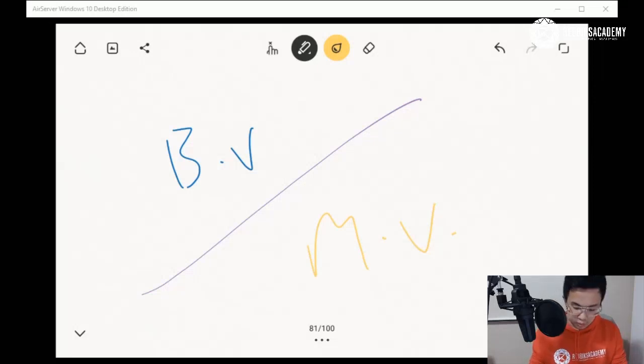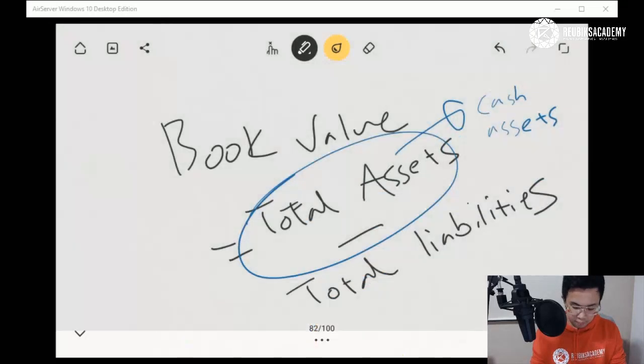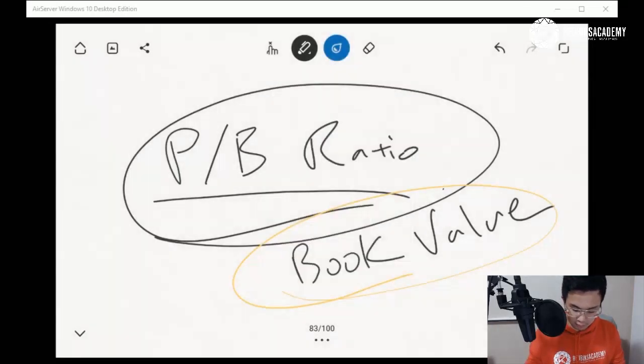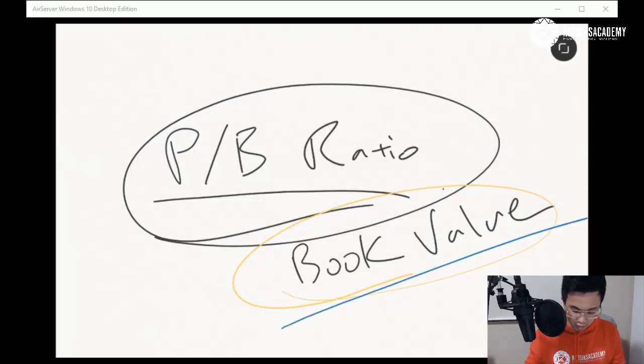So to get your price to book value ratio, you just need to take price per share divided by book value per share. Book value per share is easily obtained by taking the total book value divided by your total number of outstanding shares.